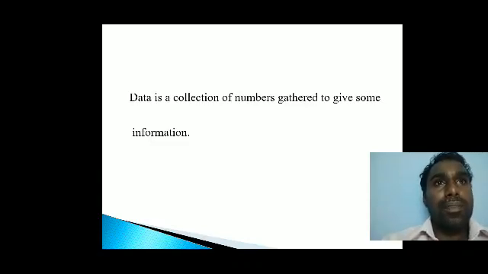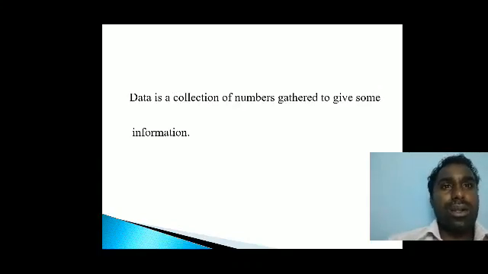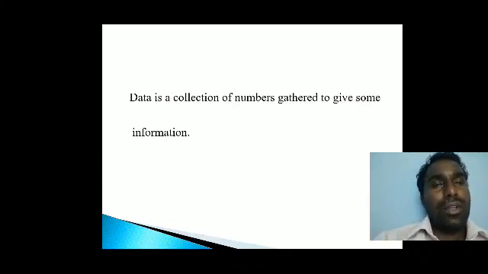Data consists of several pieces of information for a particular event, linearly arranged. That is called data. Even if your brother or sister is studying computer science, they will say what data is, because in computers, data is a familiar word.